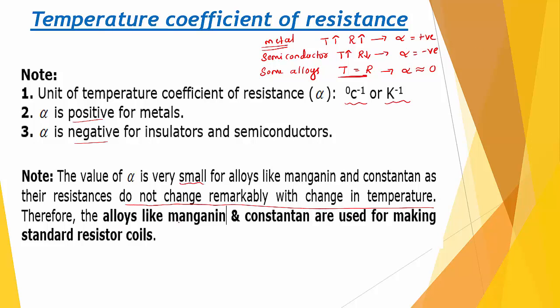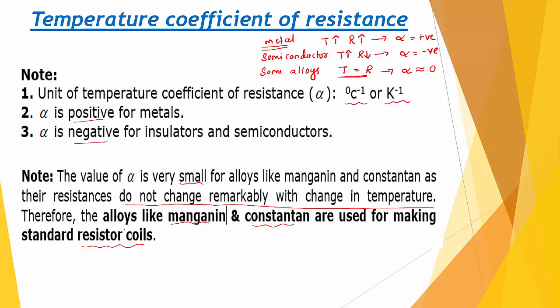Therefore, alloys like manganese and constantan are used for making standard resistor coils. In the manufacture of resistor coils, they use alloys like manganese and constantan. Why do we use manganese, constantan or nichrome alloys in the preparation of resistor coils?